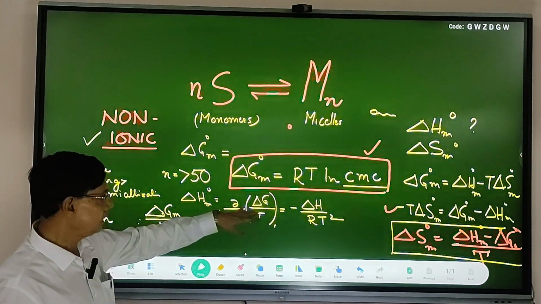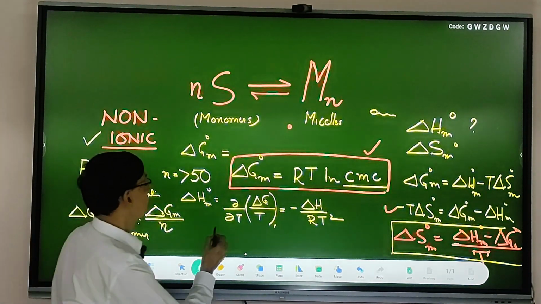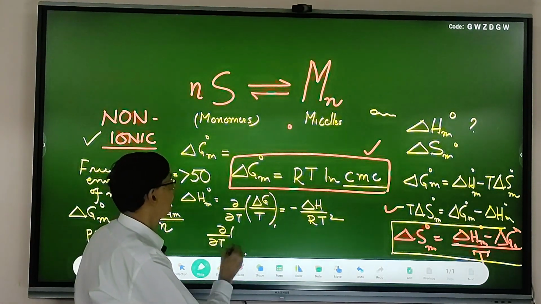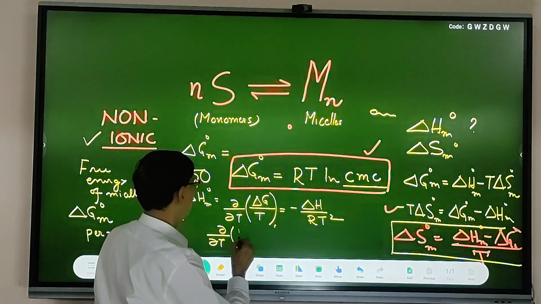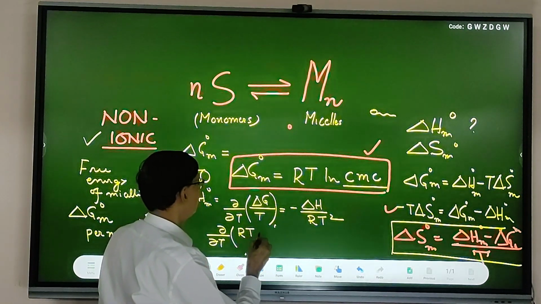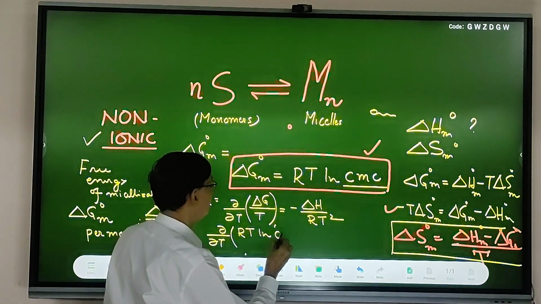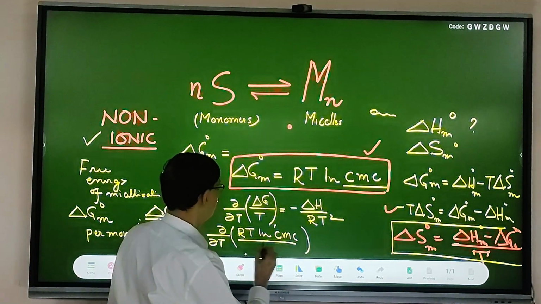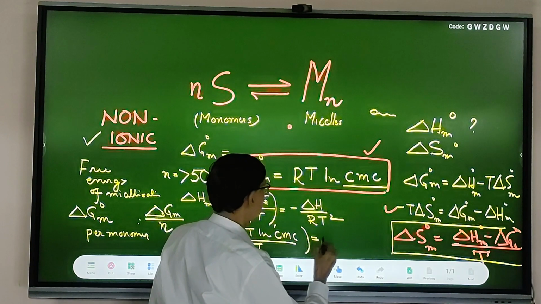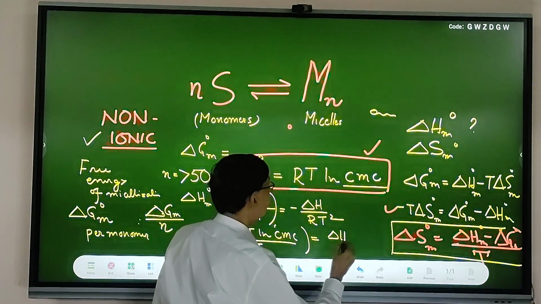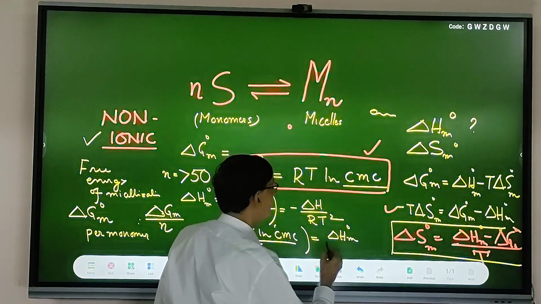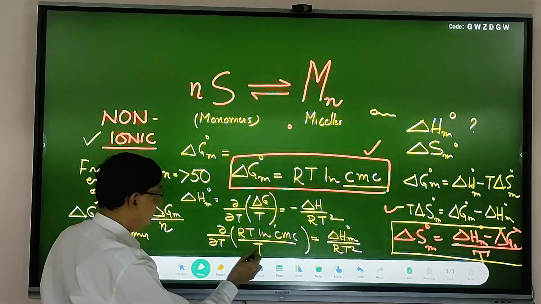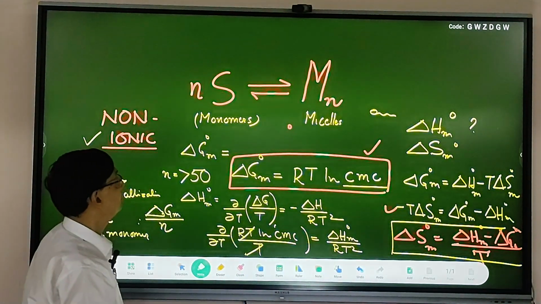But if I substitute the value of delta G here, d by dT, delta G is equal to, we know, RT natural log of CMC, by T is equal to delta H. Now it is the micellization process, so this T is cancelled.